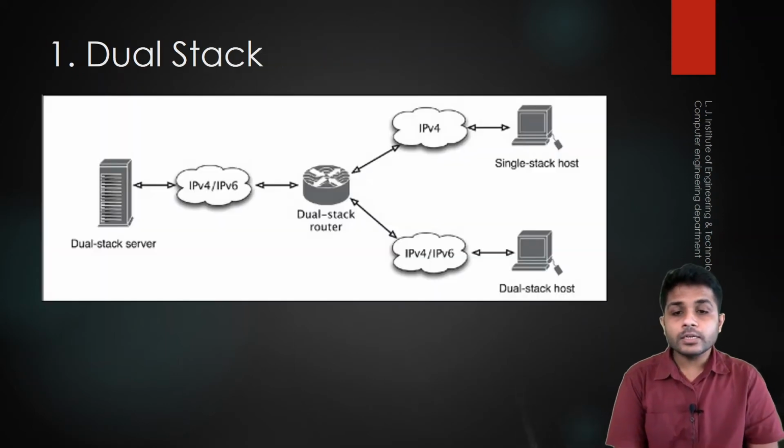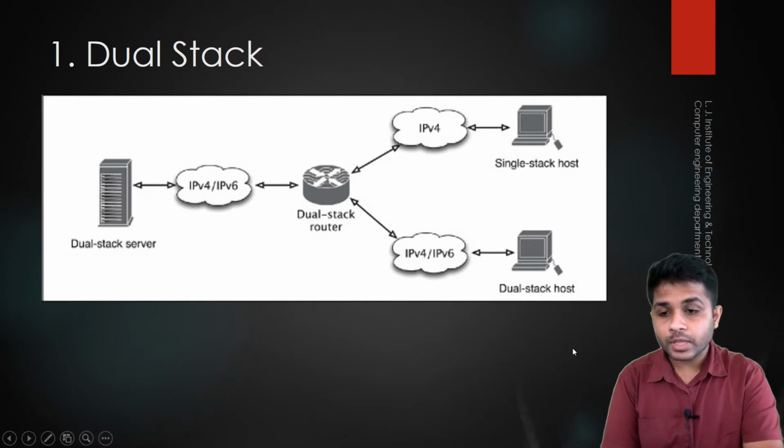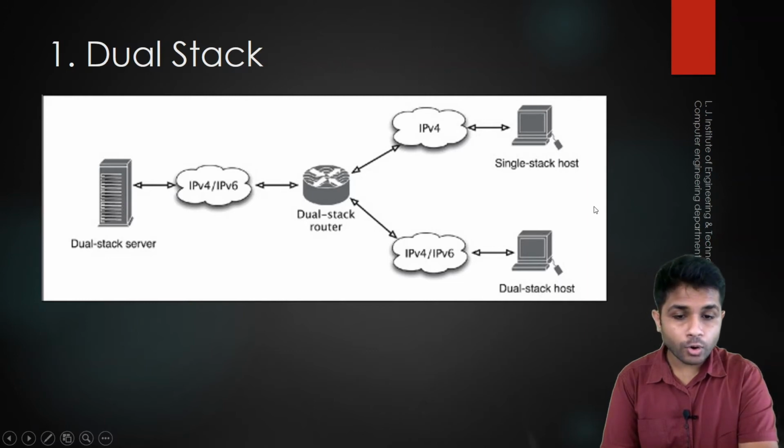You can see that this is the example of dual stack. There is one server, there is a network which is IPv4/IPv6, there is a dual stack router, there is a single stack host and a dual stack host. Now what is the meaning of dual stack? Dual stack means that those devices are capable enough to understand both address notations.